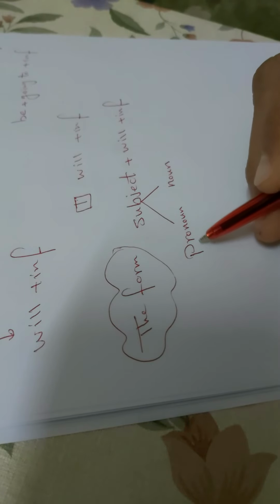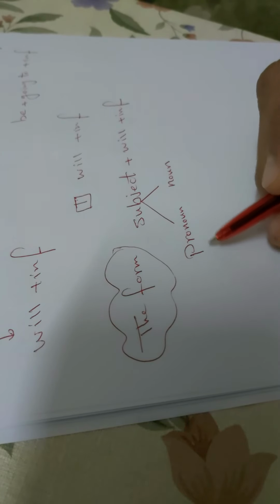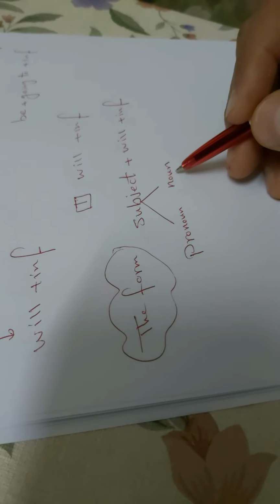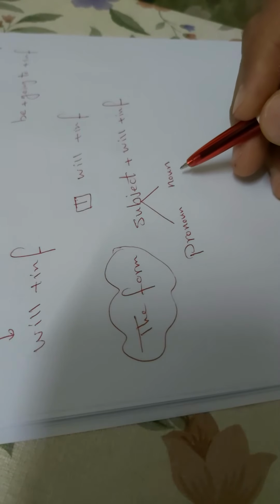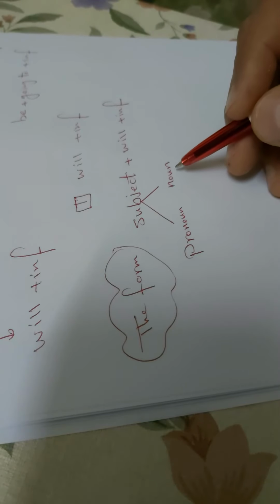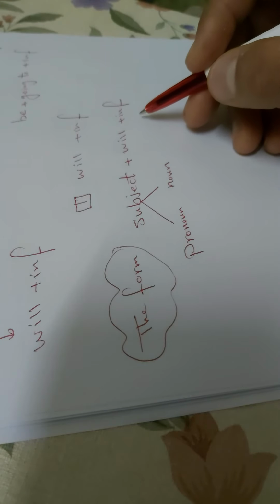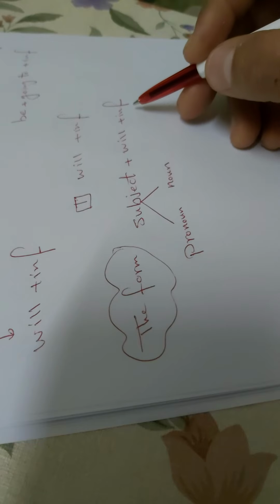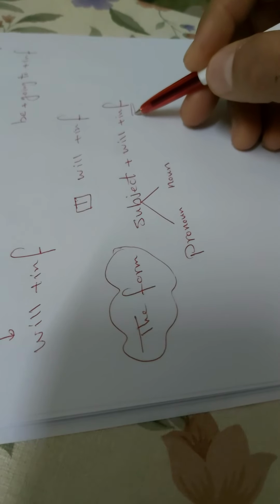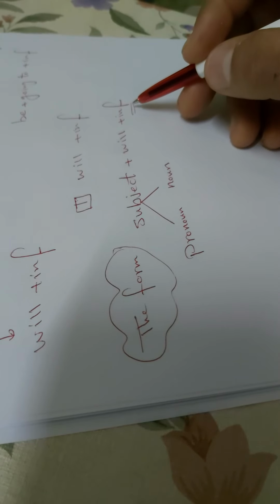As you know, pronoun may be I, he, she, it, you, we, they, or a noun may be a person, a thing, or a place. Plus will plus infinitive. So what is the meaning of infinitive here? Infinitive means to put the verb without ed or ing or s.